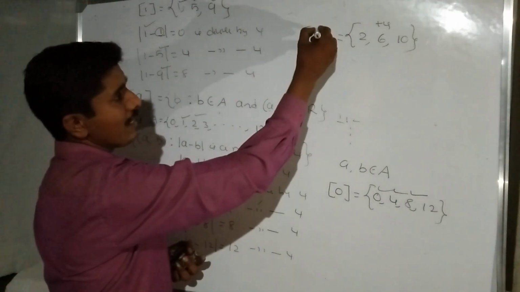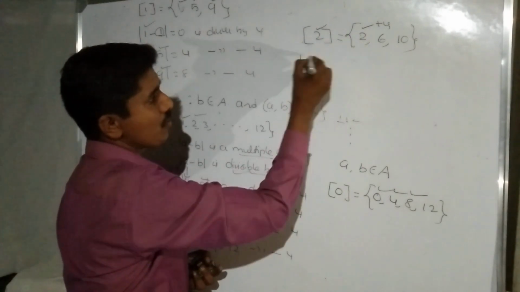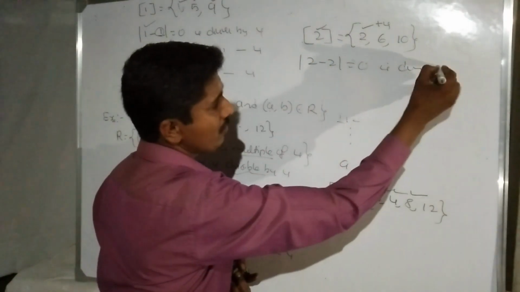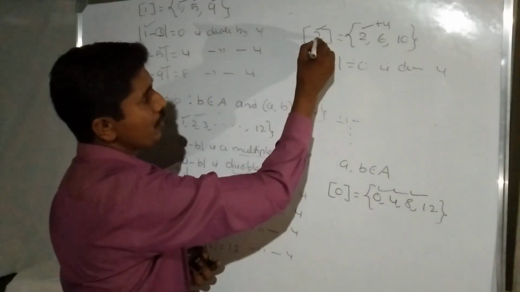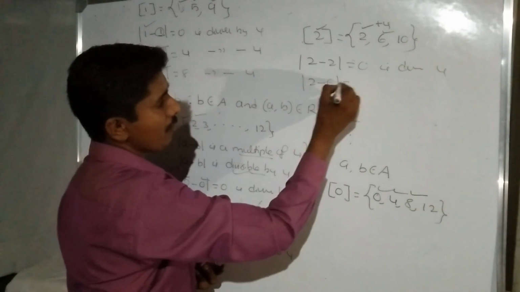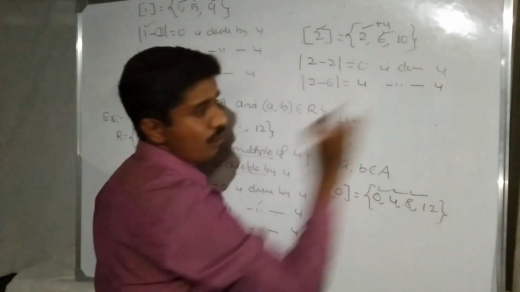Difference of this element with any element of this set: 2 minus 2, 0 is divisible by 4. Next, 2 minus 6, modulus of minus 4, plus 4. Clearly it is divisible by 4.